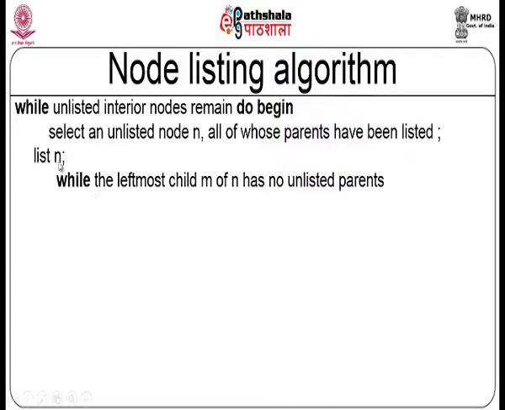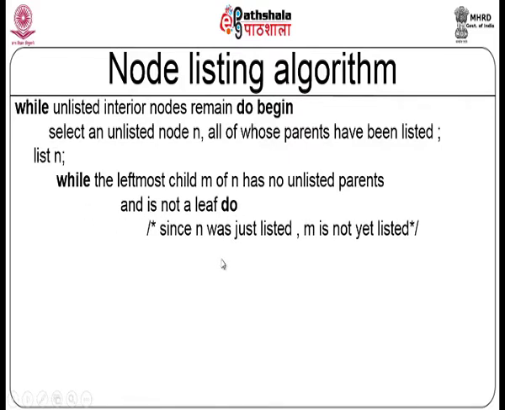Now after that, with n as that listed node, you will check whether the leftmost child of n has no unlisted parents, and it is not a leaf. In that case, we have to list that particular node. While the leftmost child m of n has no unlisted parents, list m.